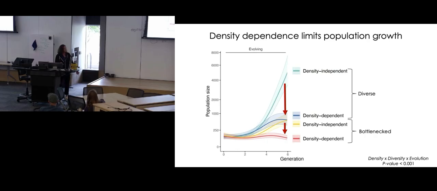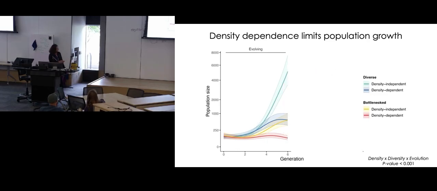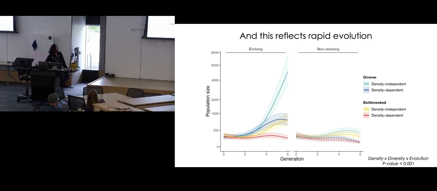The thing that's amazing is how evolution plays into this. So if we just move that key over to the side, we can look at the non-evolving populations. And so you can see that this wild population growth is only able to happen because the populations are adapting and evolving.